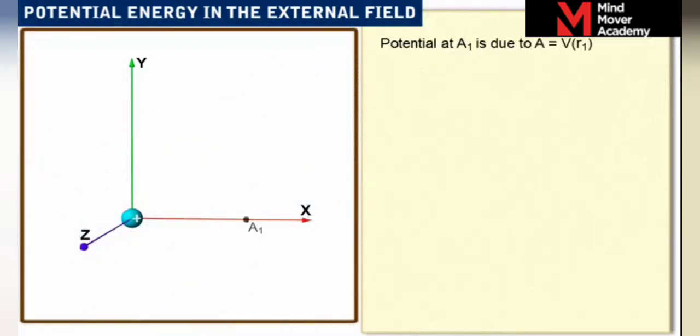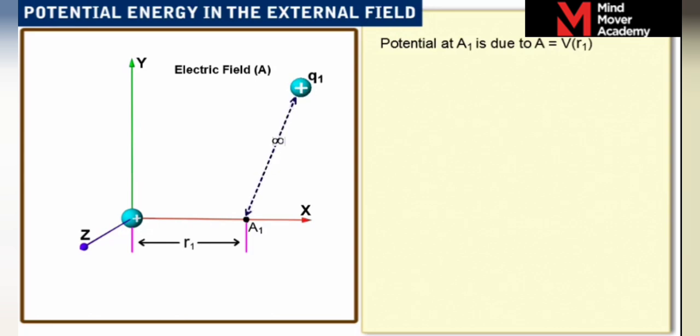Let V be the potential at point A1 in the electric field E, produced by a source charge. Here, r1 is the position vector of the point with respect to the origin. Let us consider the charge Q1 at infinity from point A1.